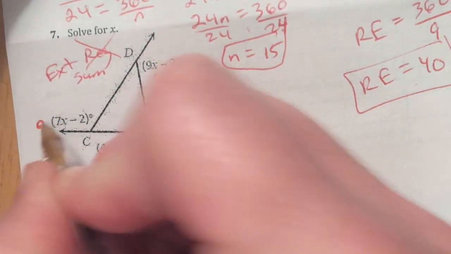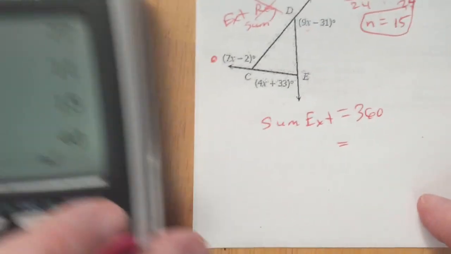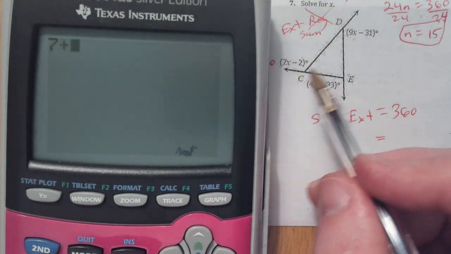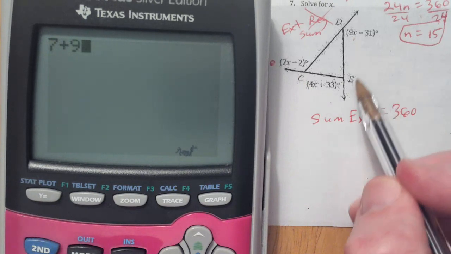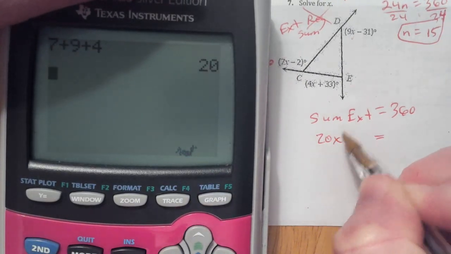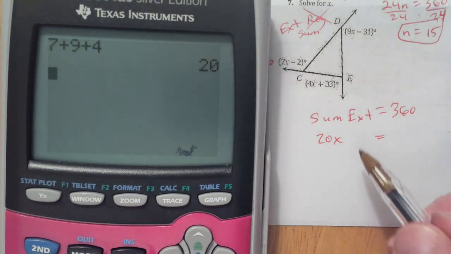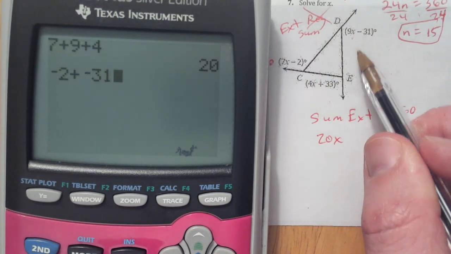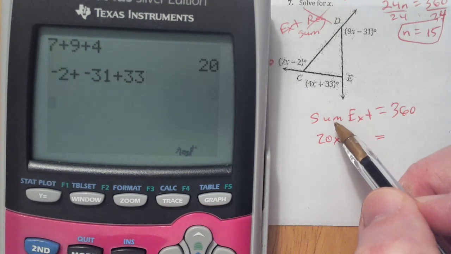So I'm going to put a dot right here so I know where to start. And I'm going to put this in my calculator. Zoom out a little bit so you can see my calculator. Starting here, I'm going to add up all my x's. 7 plus 9 plus 4, we pop out with 20x. Now I'm going to add up all my numbers. We have negative 2 plus negative 31 plus 33.